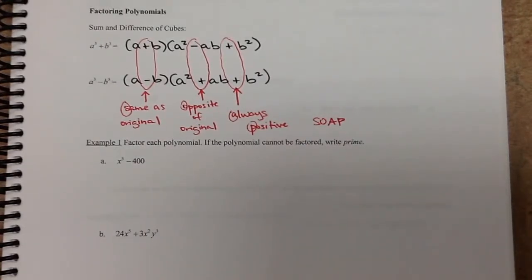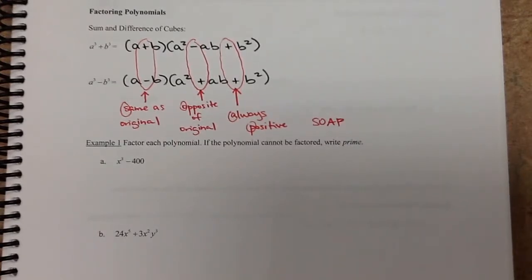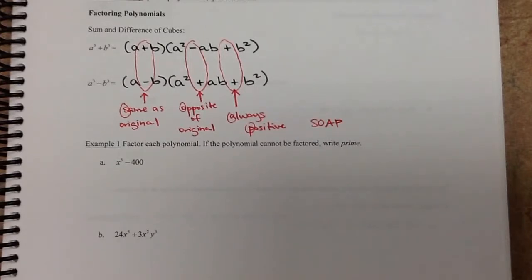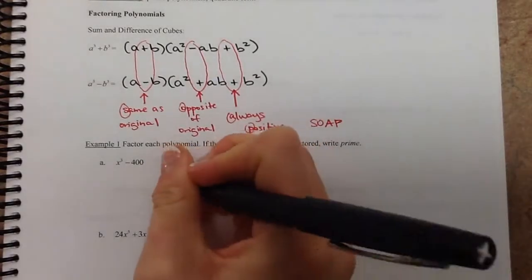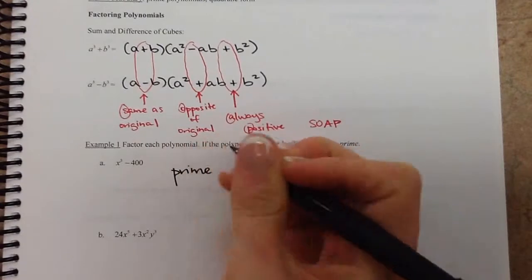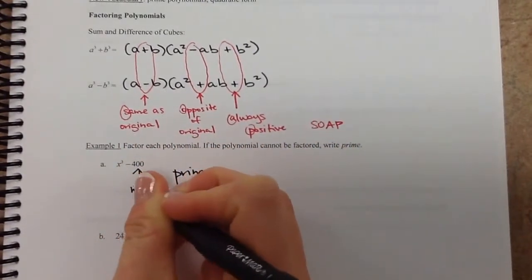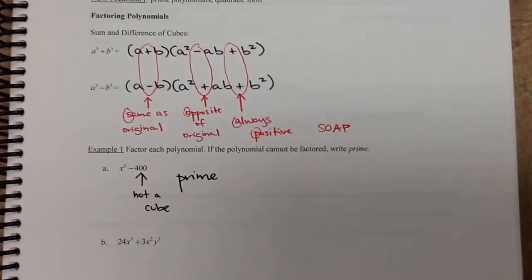What we don't know is whether the 400 is a perfect cube, so we're going to try to see if there's anything that we can multiply by itself 3 times that would give us 400. And there actually is not. 400 is a perfect square. It's 20 squared, but it's not a perfect cube. So this is actually an example that turned out to be prime, and that is because this is a cube, but this is not.